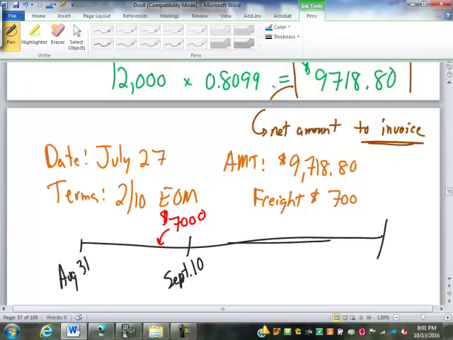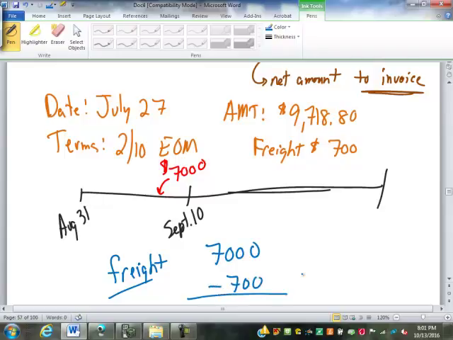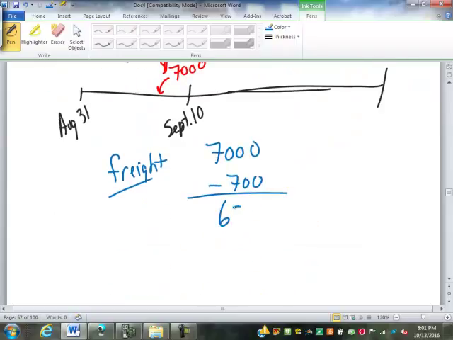Now we're reverting back to what we just finished up a few minutes ago. What do we do with that $7,000? Now you're going to want to say we're going to divide by 0.98, but what do we have to do first? We have to do the freight. Exactly. So our $7,000 payment minus the $700 in freight, $6,300 is what goes to the invoice amount.